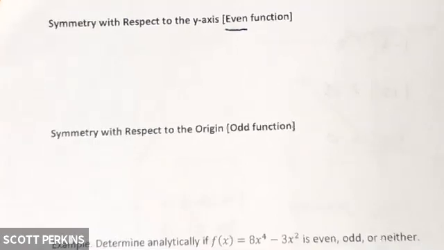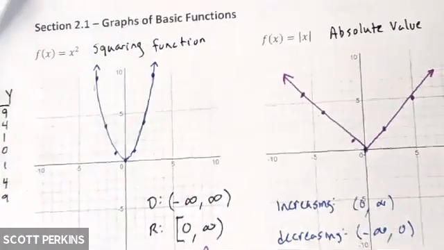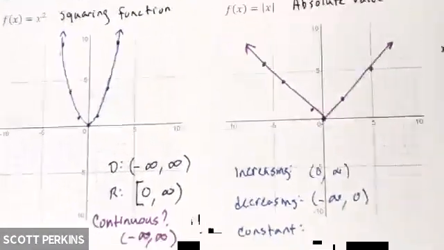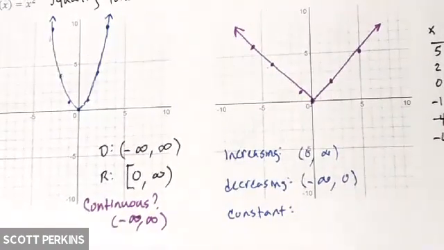Let's flip to page 1. We've got 4 functions on page 1. 2 of them are symmetric with respect to the y-axis. 2 of them are even functions, meaning if the y-axis was the middle of a greeting card and we folded it on the y-axis, we'd have the same thing on both sides.